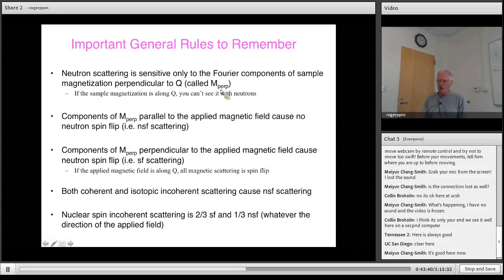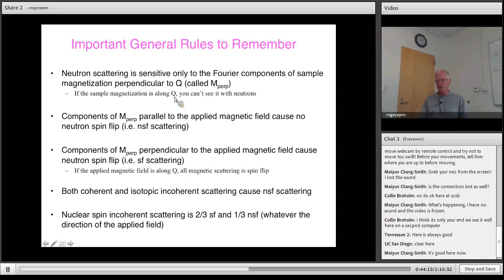So the corollary of this is if the sample magnetization is along Q, you can't see it with neutrons. Right? Because the component of the magnetization perpendicular to Q will then be 0, and the scattering is only sensitive to the component perpendicular to Q, and so we'll see 0 magnetic scattering if the sample magnetization is along the scattering vector.